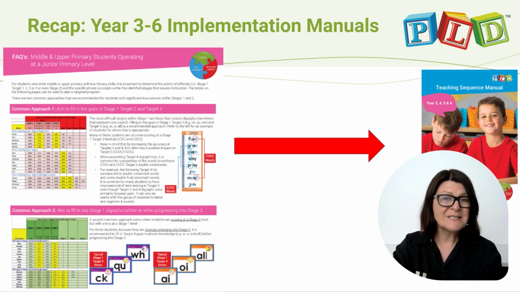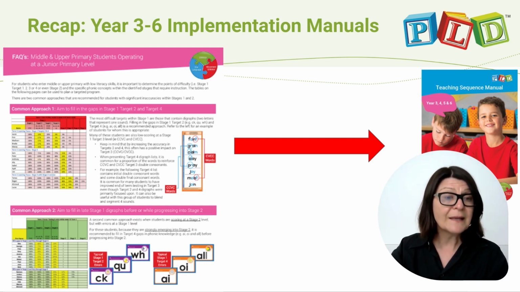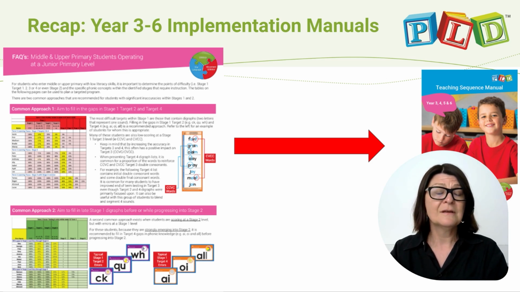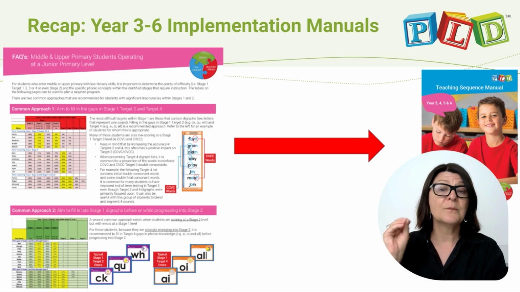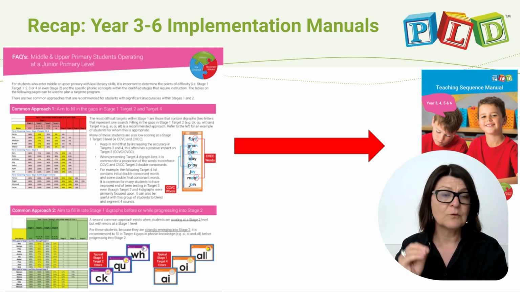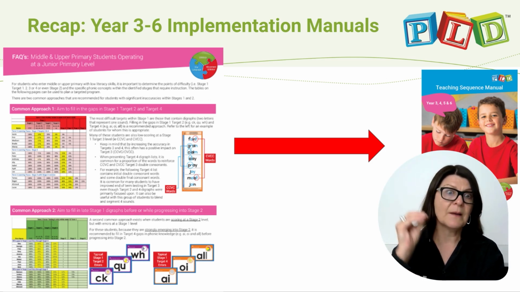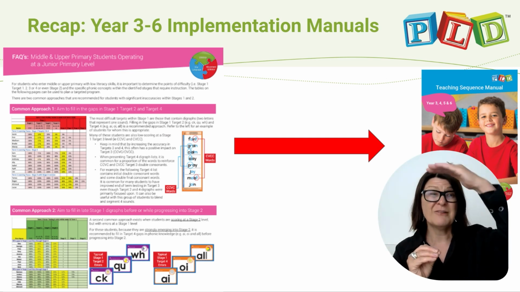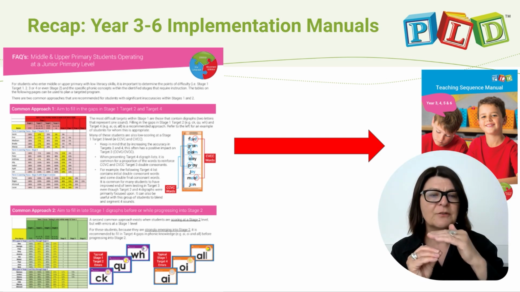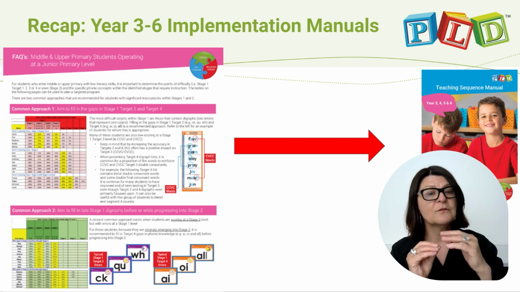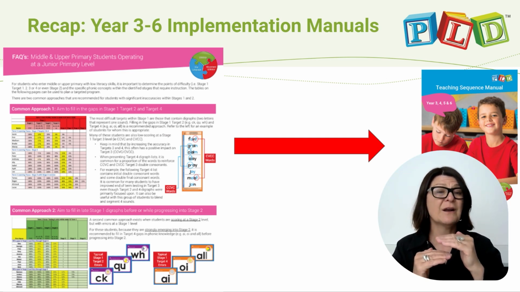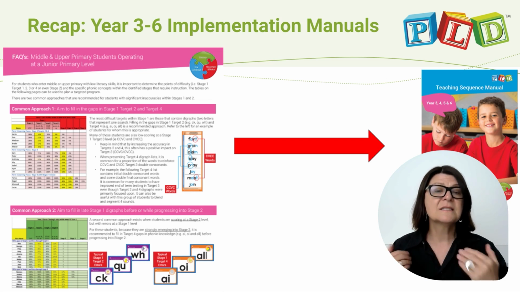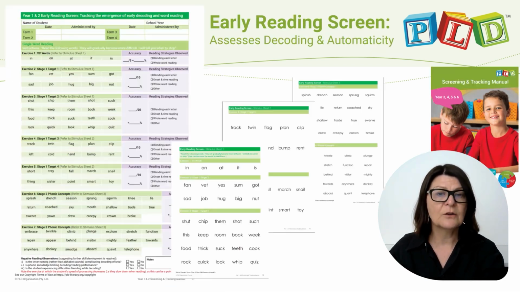For these particular students that are spelling at a junior primary level, we need to check on their reading. They may also be reading at a junior primary level, or some of the students might be spelling at a junior primary level, but their reading's actually quite good. But for a number of them, what you will find, their spelling is at a junior primary level, their reading's a bit higher, but actually it still is at quite a low level.